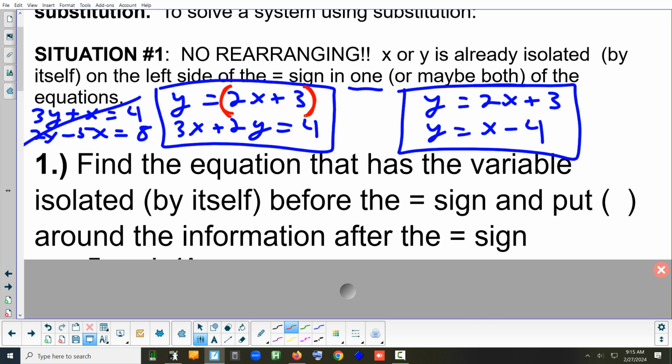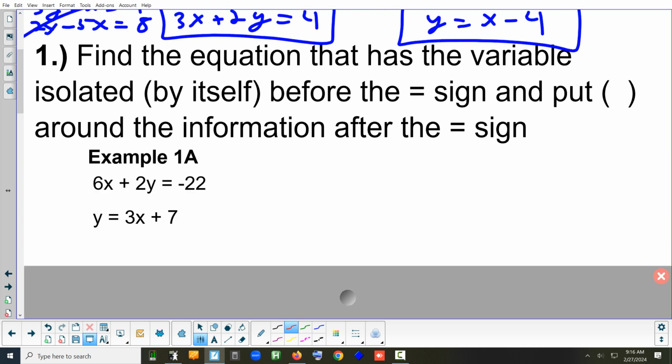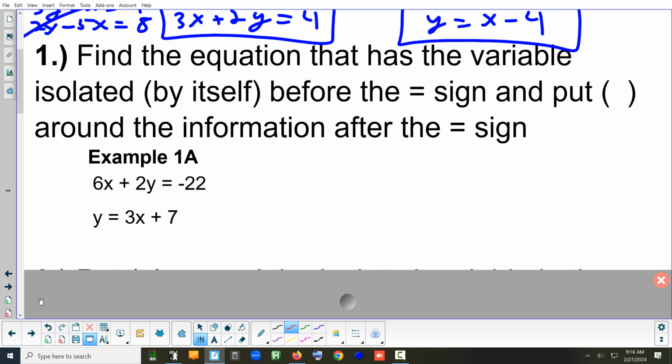Okay, I'm not actually going to do the problem that's up above because I don't know if the numbers come out nice, but I have one down below where the numbers come out nice. Okay, so first thing is you tell me which equation has a variable by itself. The top one or the bottom? Bottom. Yep. The bottom equation has a variable by itself.